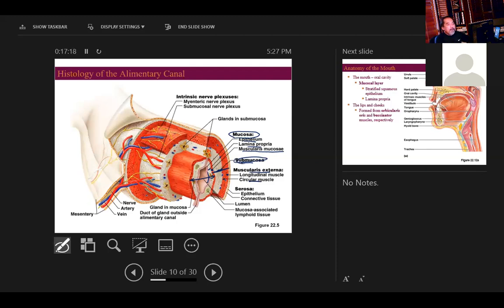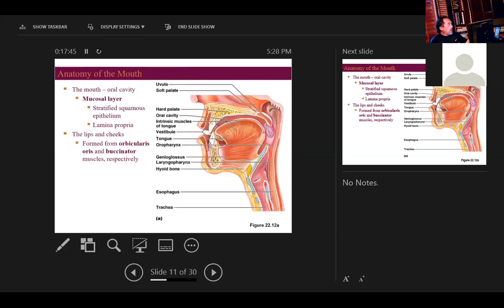Right? And then the outer portion of that is what we call the serosa. Epithelium with connective tissue. So that's called the outer layer. That is going to be called the serosa. Okay. So the second layer is made out of the submucosa and the muscular externa. All right, so those are the different things that are in your digestive tract.